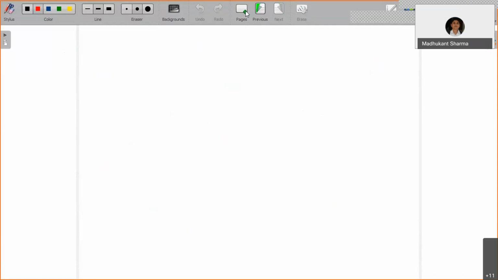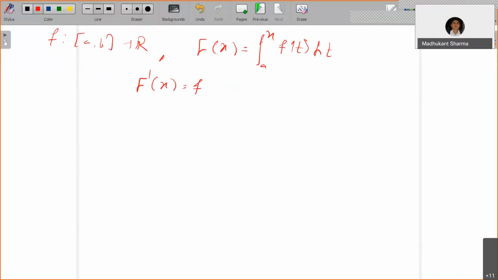What it says is, if f is a real valued function, or you can say Riemann integrable, and you define F of x equals integration a to x of f of t dt, then F' of x is equal to f of x. F will be the antiderivative of this, and integration a to b of f of x dx equals F(b) minus F(a), once you know the antiderivative, you can do this.